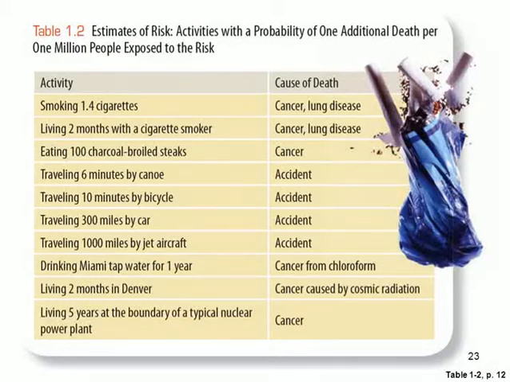Riding a car, flying in an aircraft, riding a bicycle, canoeing. But these risks most of us take because the chances of them impacting us in a negative way are very, very low. We will talk about a lot of these as we go through the course to give you a better perspective of the risk-benefit issue.